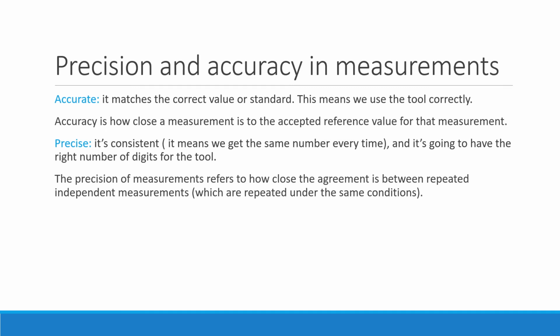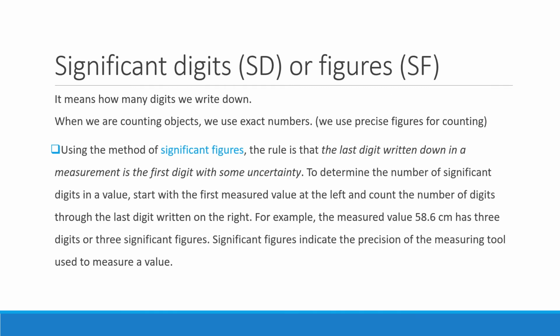Significant digits or figures. It means how many digits we write down. When we are counting objects, we use exact numbers. We use precise figures for counting. Using the method of significant figures, the rule is that the last digit written down in a measurement is the first digit with some uncertainty.